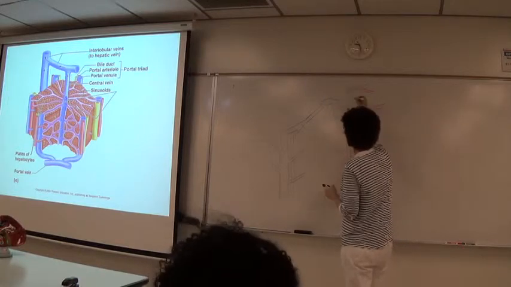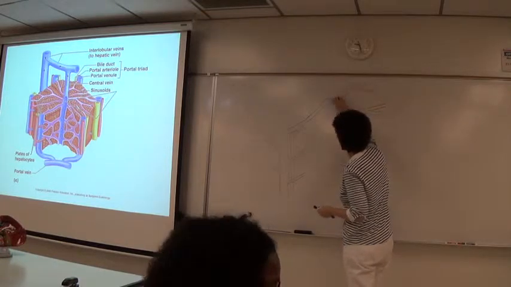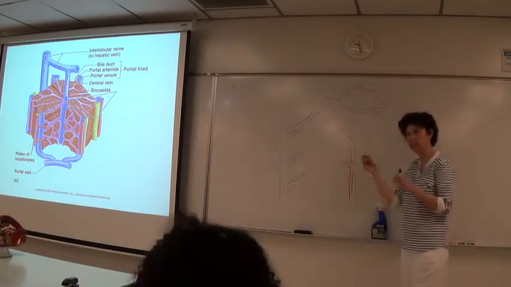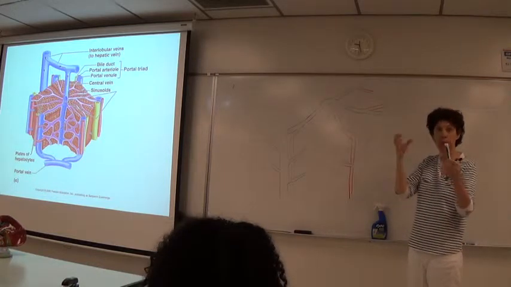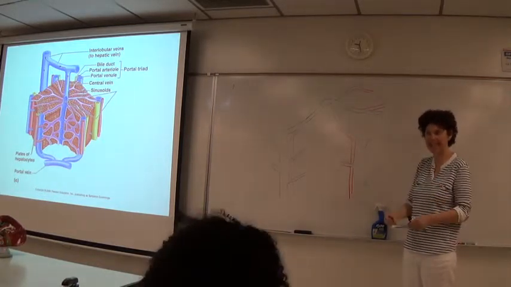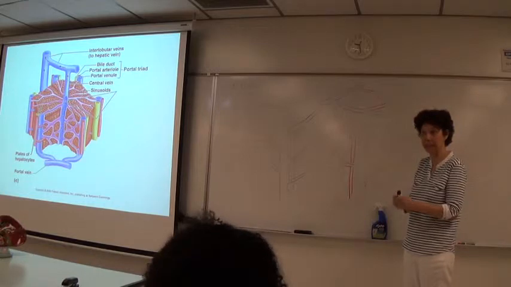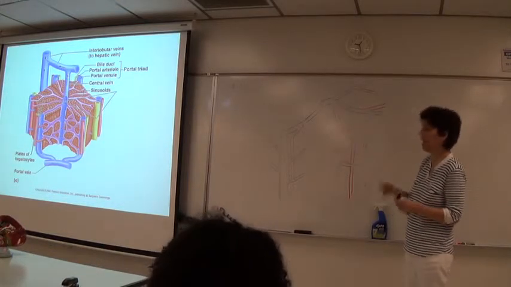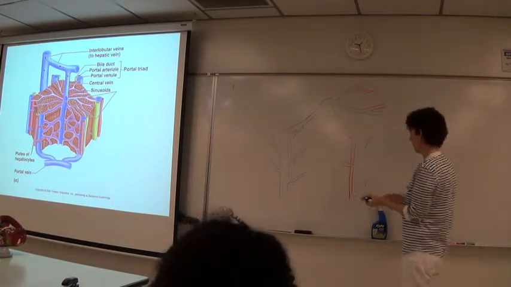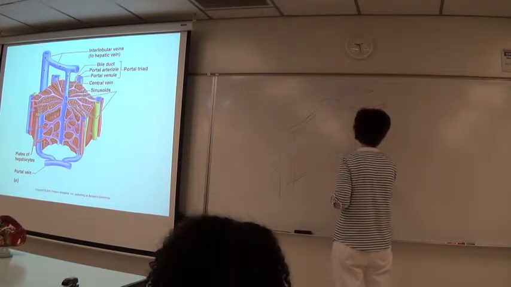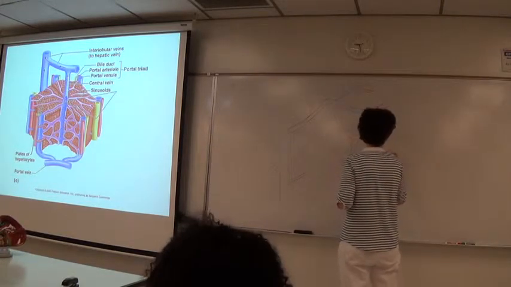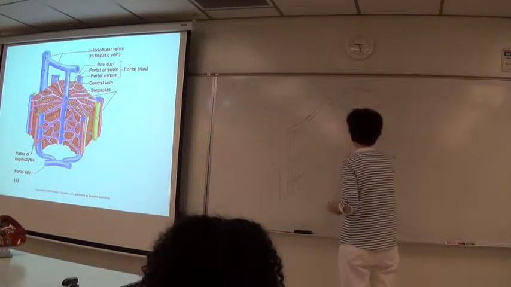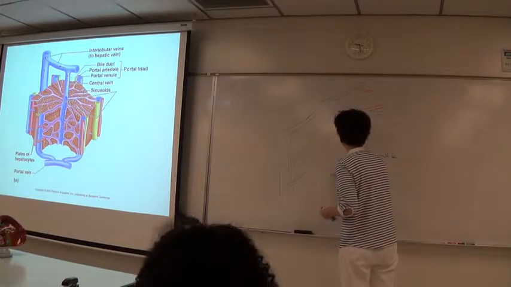So from what I said earlier, you can recognize that this blood is going to be now rich in both amino acids and simple sugars and lipids because it's got a union of both of these vessels. So we have portal vein and hepatic artery.